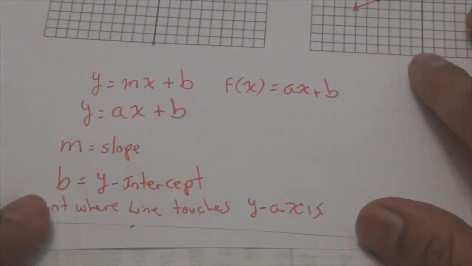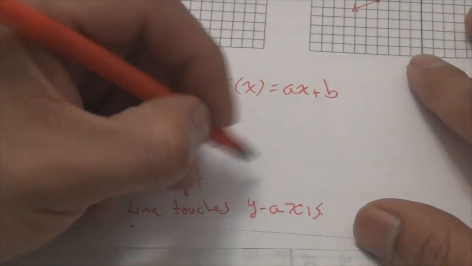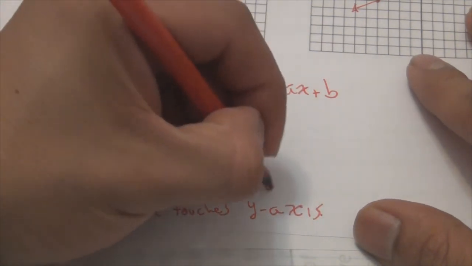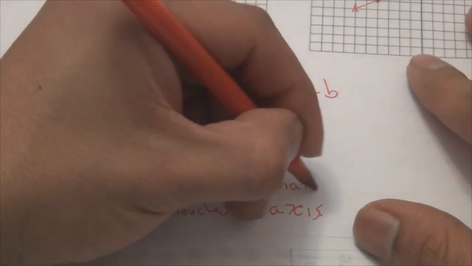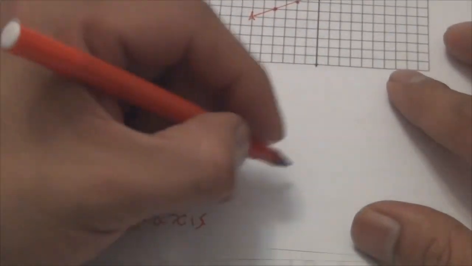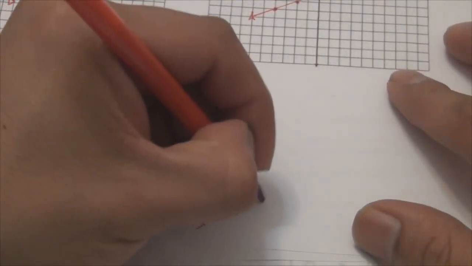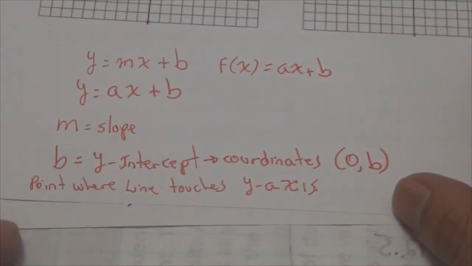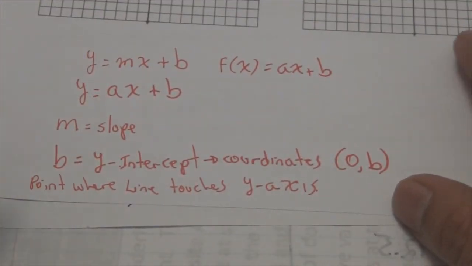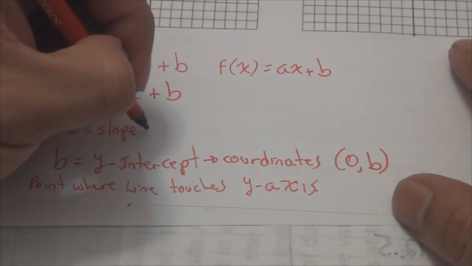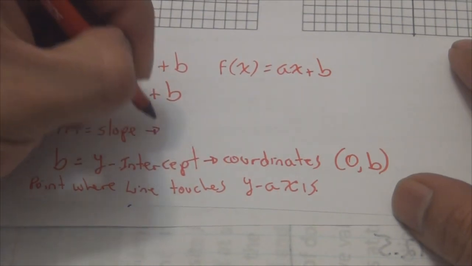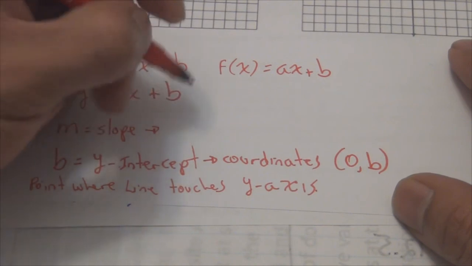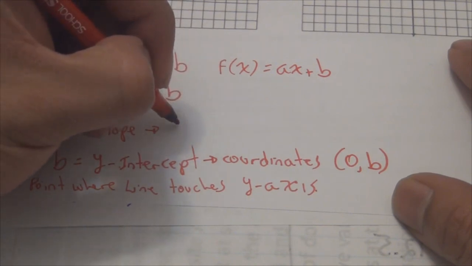The coordinates of the y-intercept are always 0, comma, whatever the y-intercept is. Alright? Those are the coordinates. The slope, when we graph, not on the equation, but when we graph, should be in the form of a fraction.